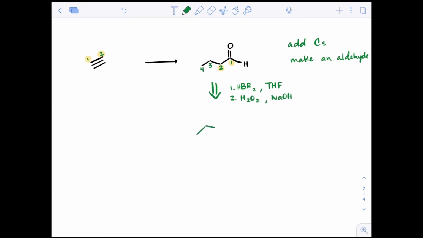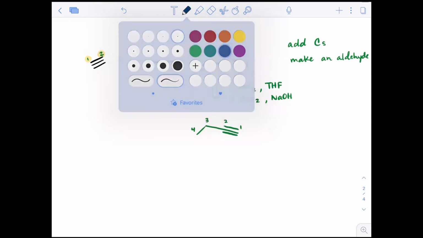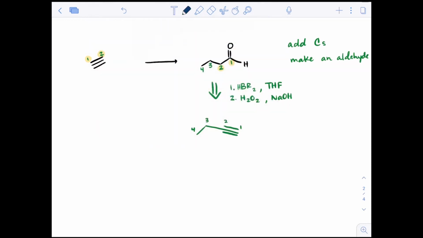Now, what would that triple bond look like? Well, it would be a triple bond between carbons 1 and 2 with extra carbons 3 and 4. Getting closer to my reactant. Let's take a step back.